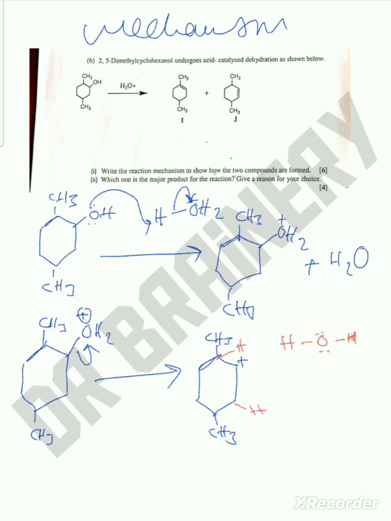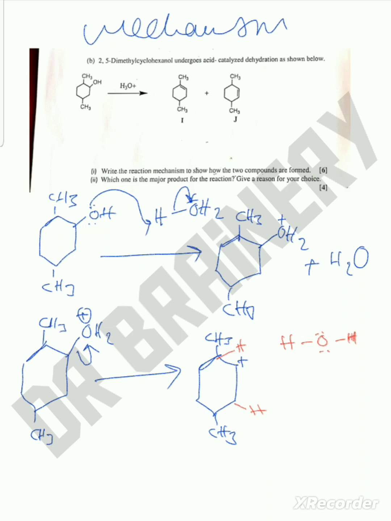So now I'm going to say, what if it's Zaitsev's rule? When it is Zaitsev's rule, I'm going to attack or abstract the proton, the hydrogen which is less exposed, which is being hidden by the alkyl group.